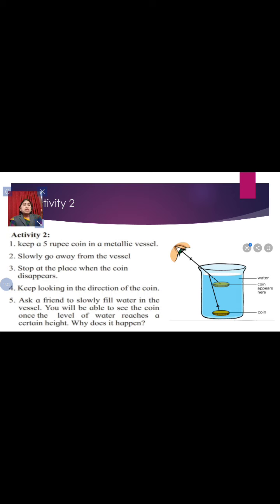That means if we observe the coin, at that time this coin is seen at the upper side of the glass. That means the coin appears here. See the diagram.